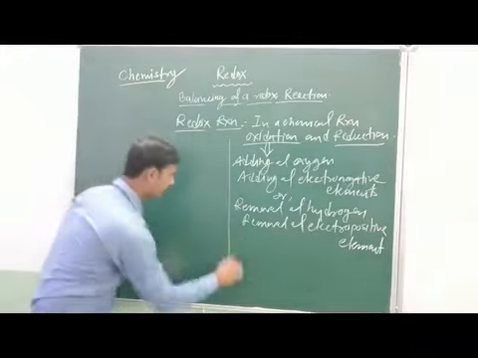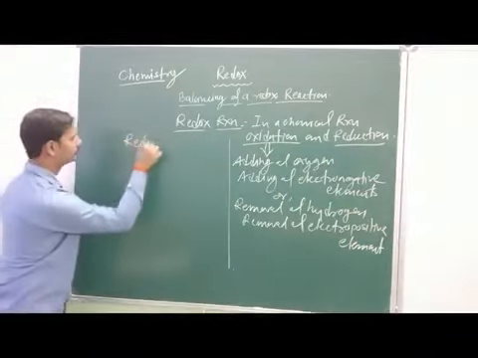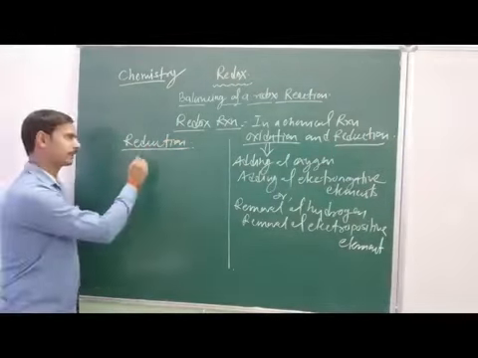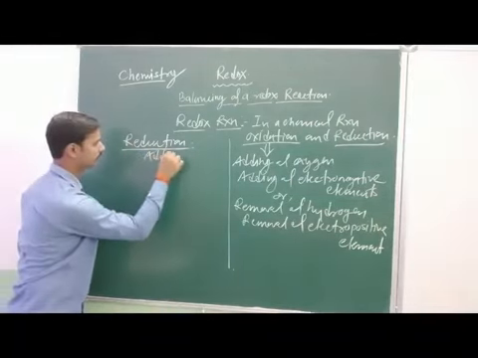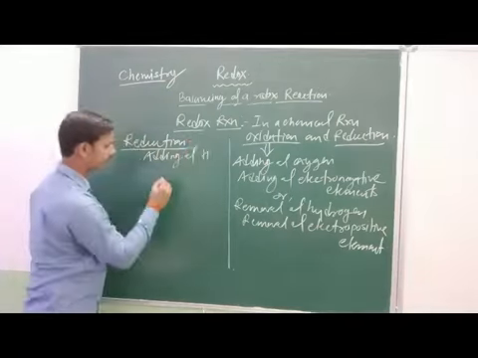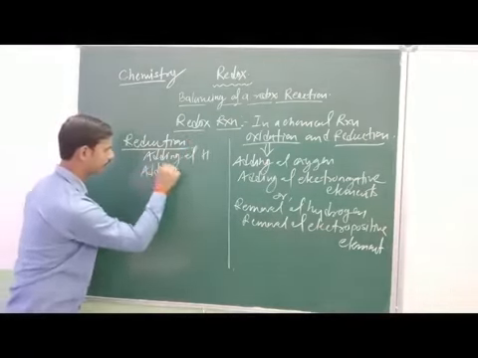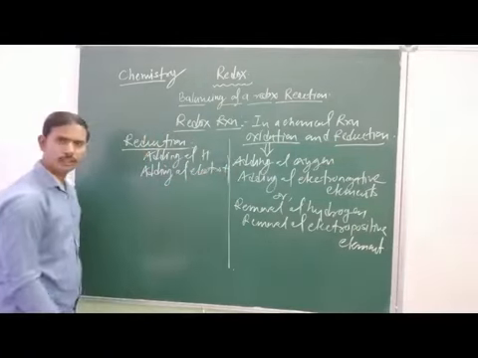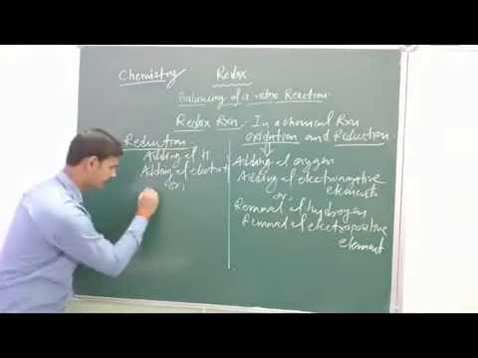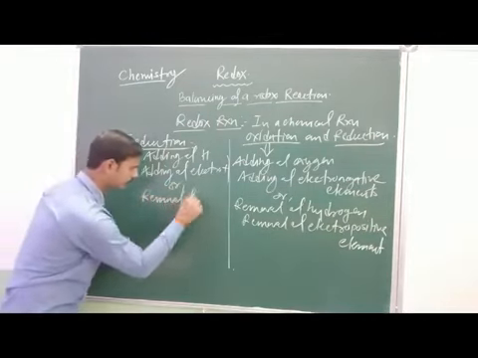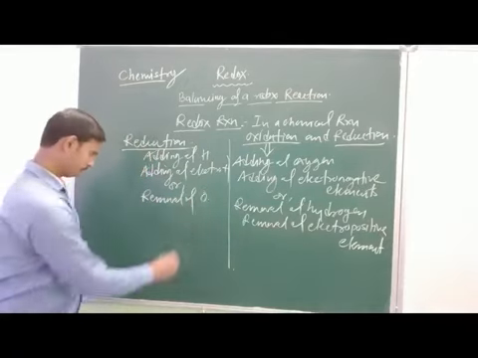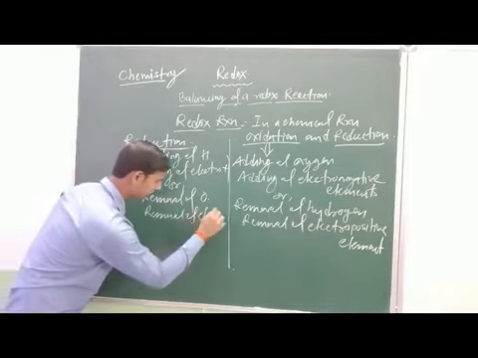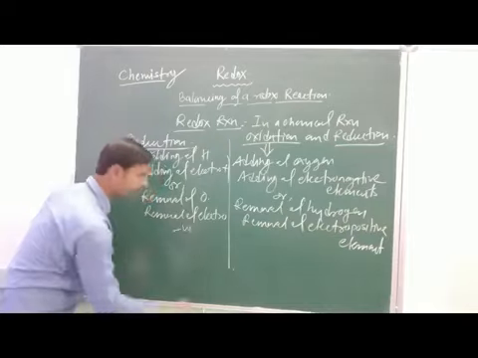Okay, and also we can define reduction. In the reduction process, we can say adding of hydrogen or adding of electropositive element, and removal of oxygen or removal of electronegative element.